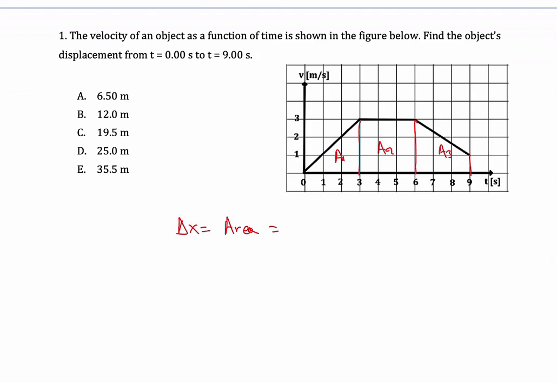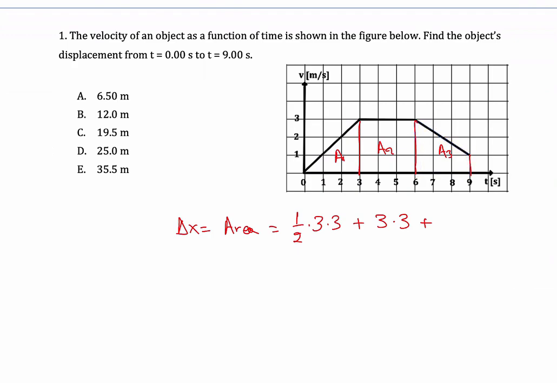Now the area 1 is a triangle, so half times base times height, plus the area 2 is a rectangle, so length times width. The length is 3 and the width is also 3. Now the area 3 is a little bit difficult because we have a trapezoid, it's not a triangle.